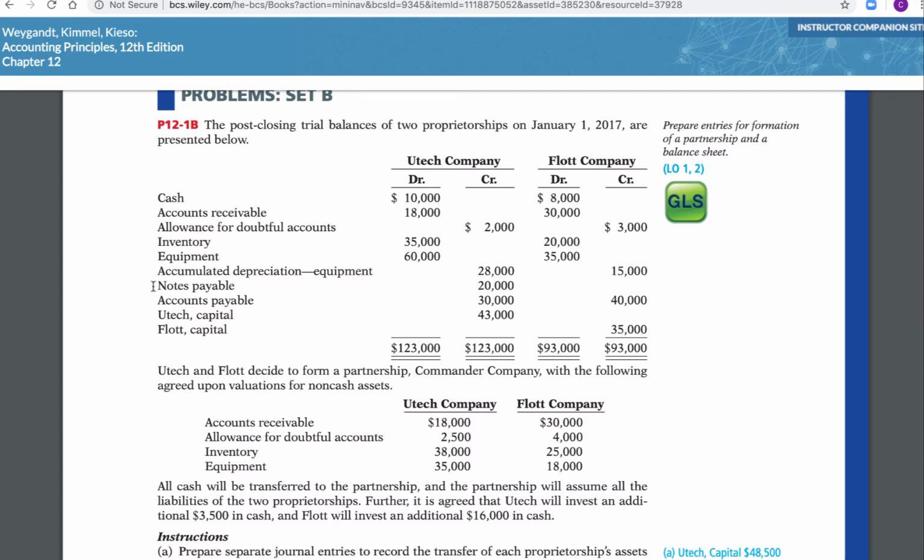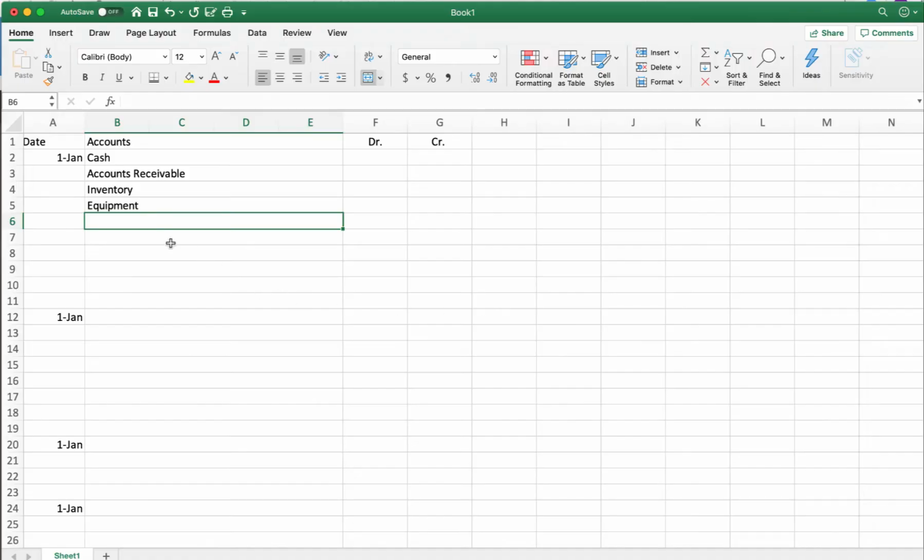What do we have here? It looks like UTech has notes payable of $20,000 and accounts payable of $30,000. So I need to put those in there: notes payable and accounts payable.